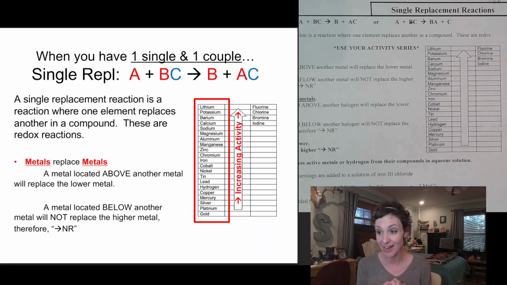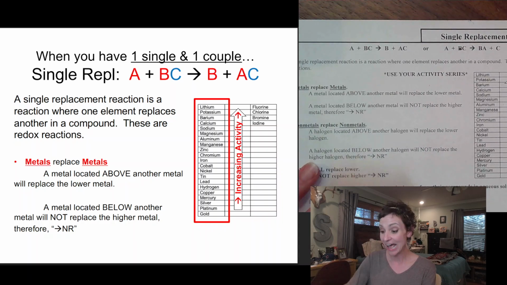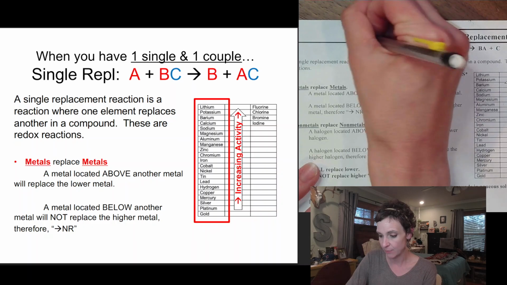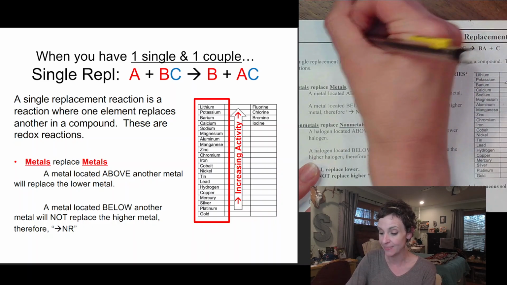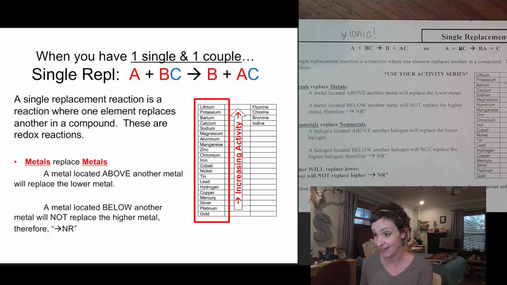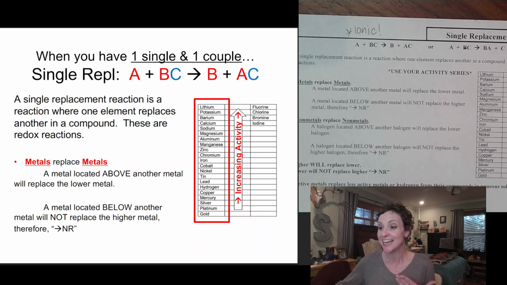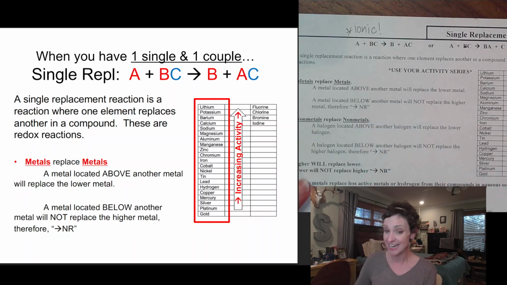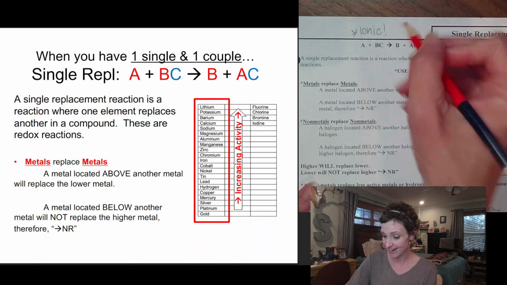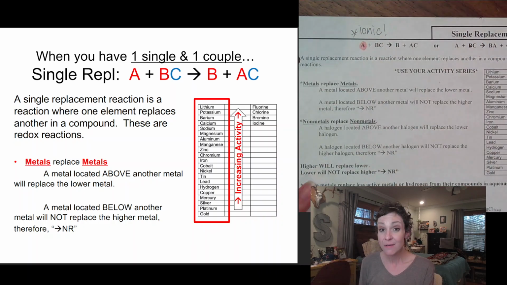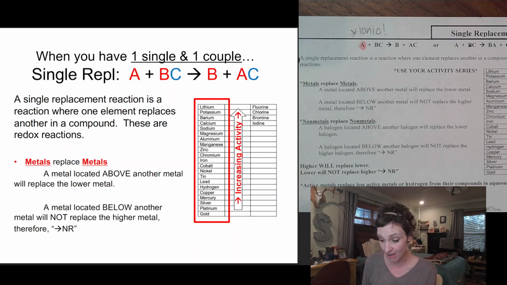One thing to keep in mind for these single replacement reactions is that these are all involving ionic stuff. And when I say ionic stuff, I mean that the couples will be ionic couples, which brings me to the first thing of importance: if my single person is a metal, the metal will try to kick out the metal in the compound.